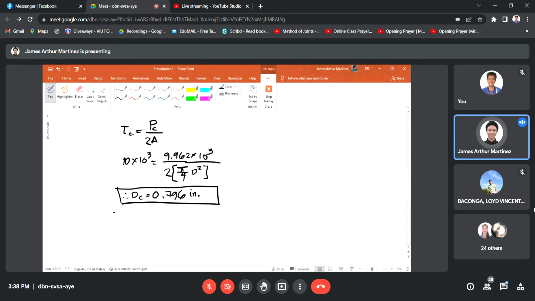Okay, so that would be our answers for situation number 1 of the problem. Therefore, the required diameters for pin A and C are 1 inch and 0.796 inch respectively. Okay, so those are the final answers for situation number 1.